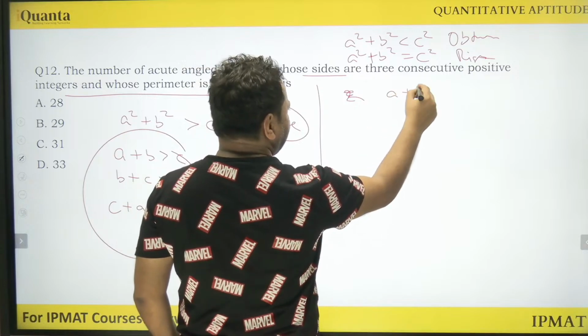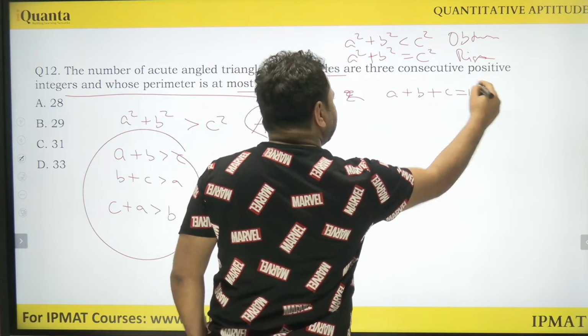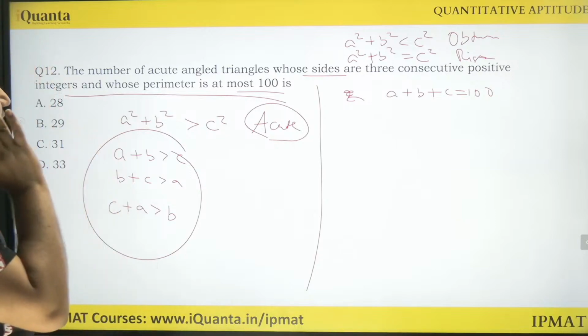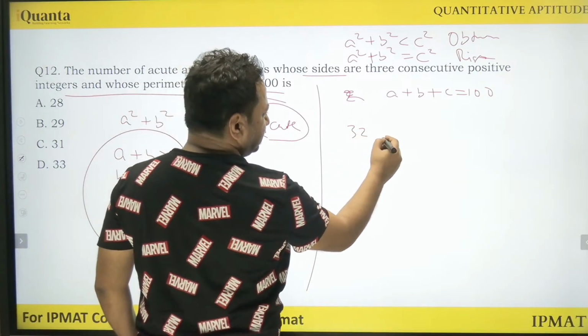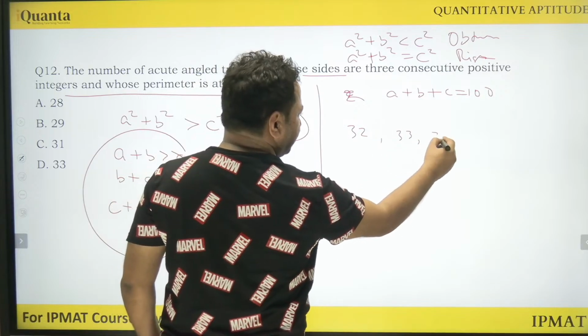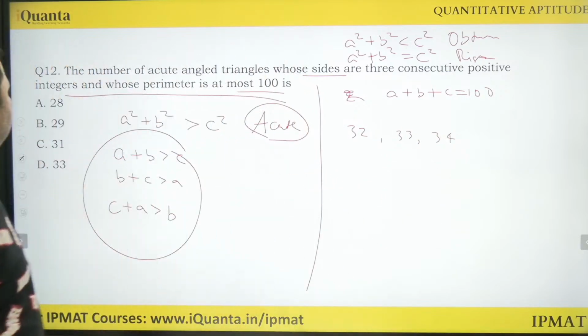Okay, so a plus b plus c is 100. And consecutive, guys, can I assume it? 32, 33, 34. Is that right? 32, 33, and 34. Makes sense? Right?